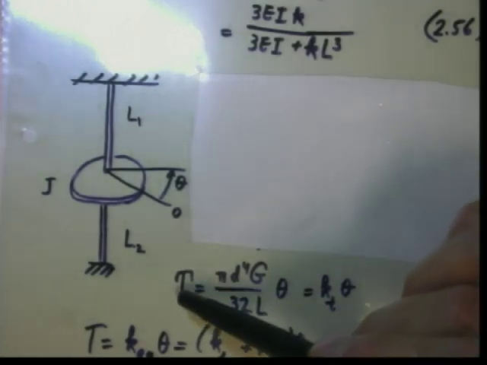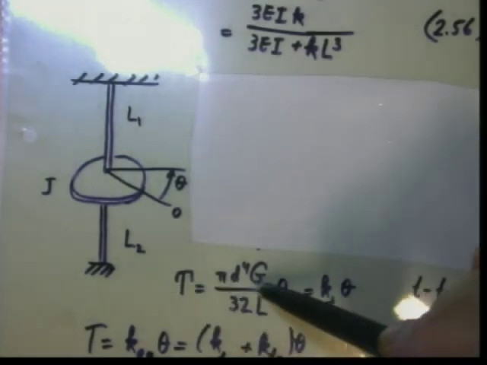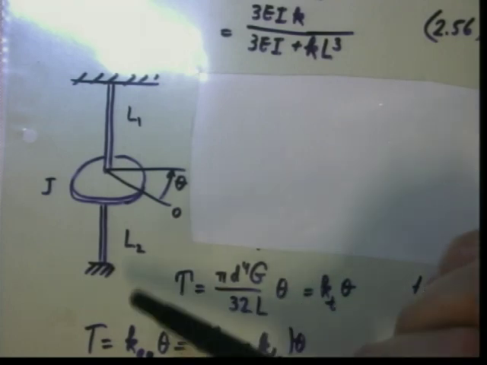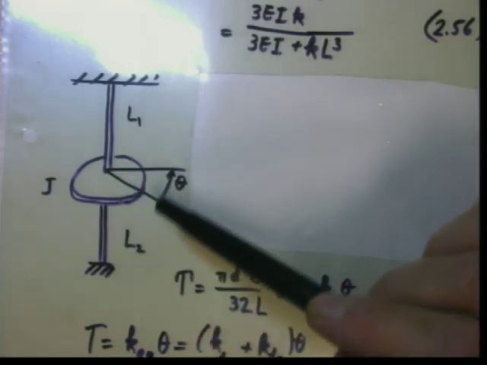Now, this is a torsional moment, connected with the angle of rotation. This is an angle, like deformation. So that is an action, this is a result.